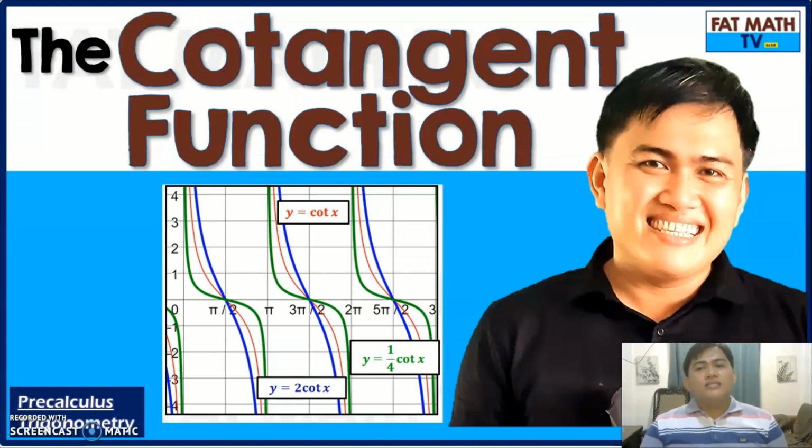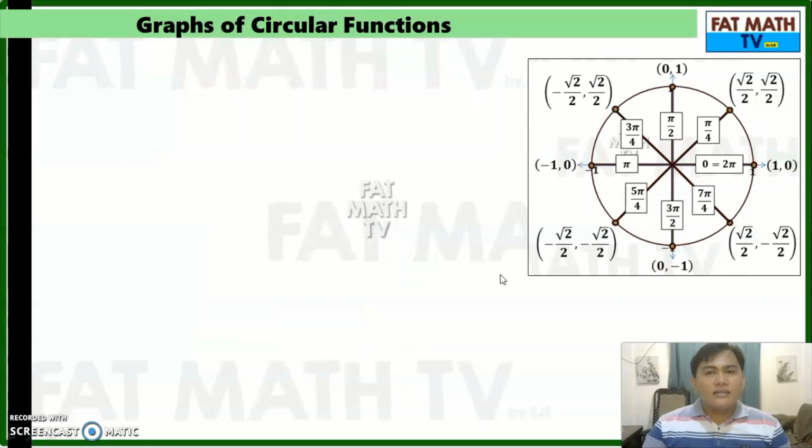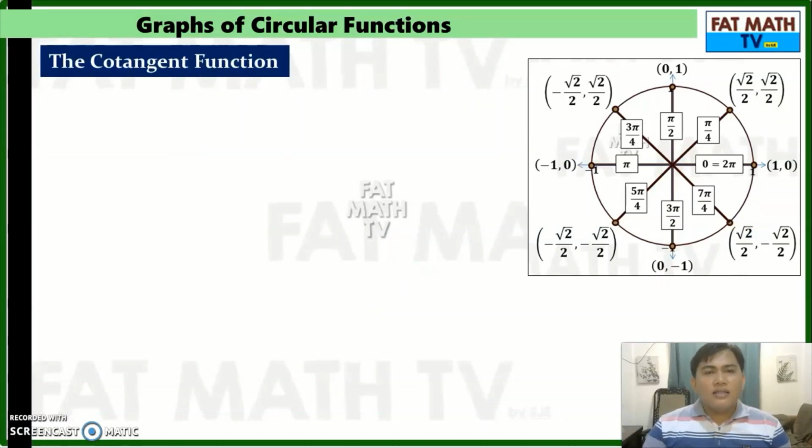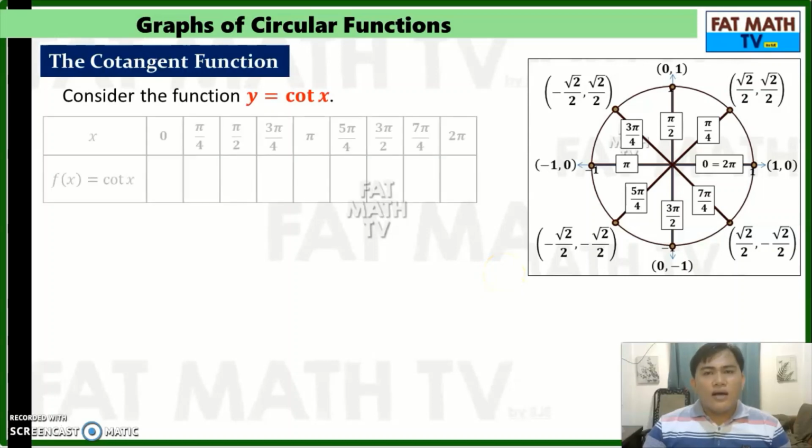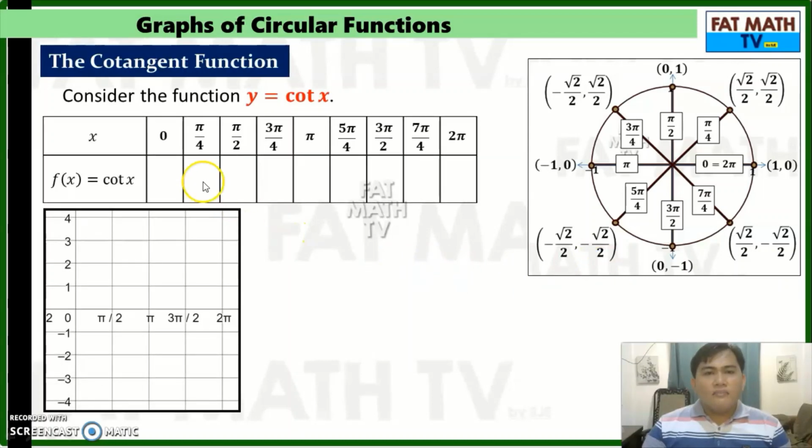How about the cotangent function? How does the graph look like? For the cotangent function, if you can recall, that is x over y of the terminal point. So if x is 0, x over y, 1 over 0, that's undefined. For pi over 4, that's 1.